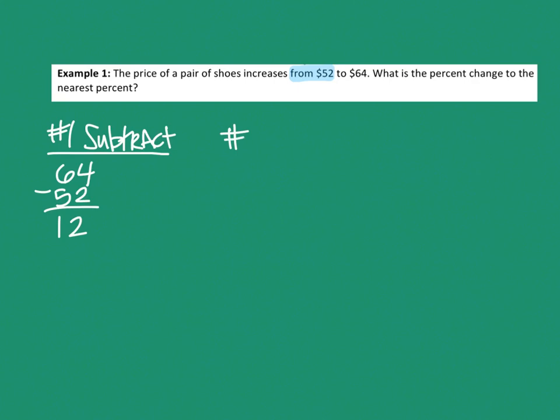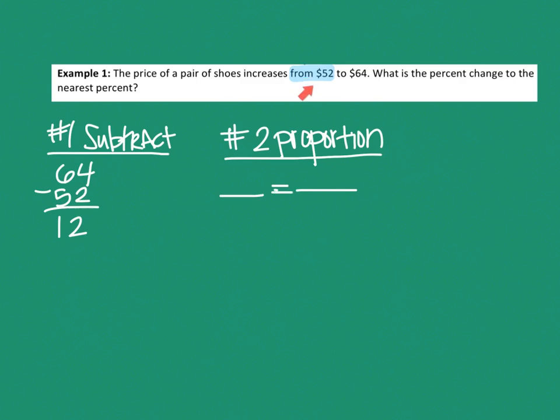Then step 2 was make your proportion. The number I started from, remember, always goes on bottom. The number that's from goes on bottom. 52 goes on bottom. Also, 100% always goes on bottom as well.